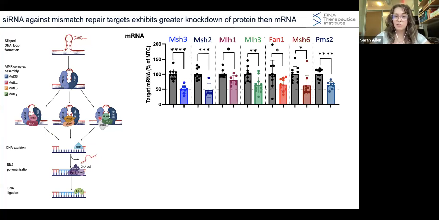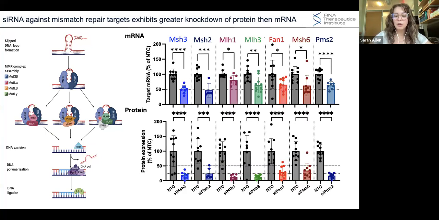However, for all of the transcripts shown, we get much greater protein silencing than mRNA. So we see lower than 25% mRNA remaining for many of the targets, and for all of these targets, we get greater than 50% silencing. So it is not only a phenomenon that impacts Huntington specifically, but a number of transcripts seem to have much greater protein silencing than mRNA silencing.